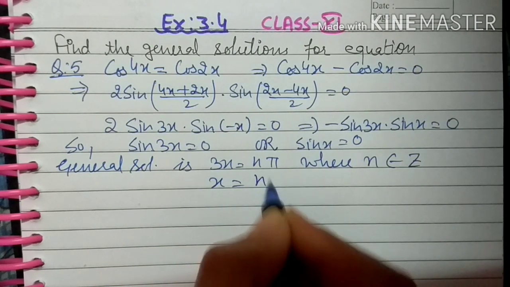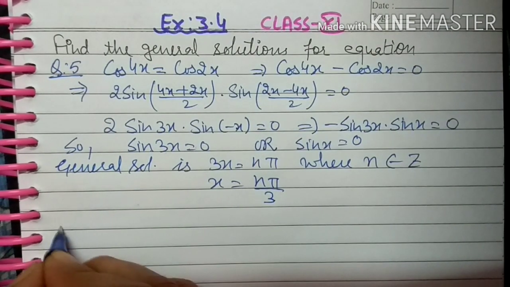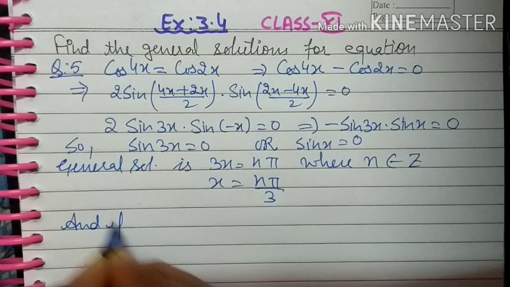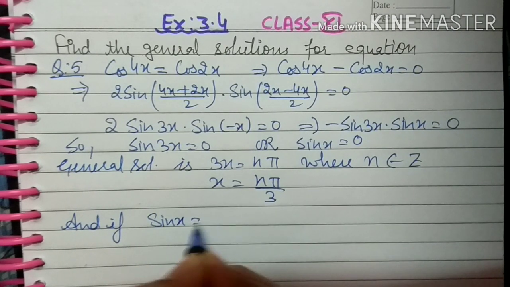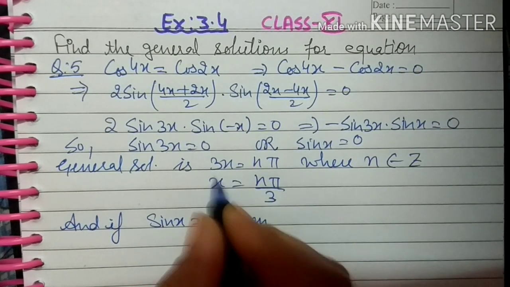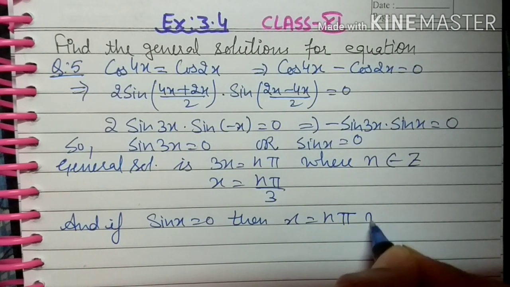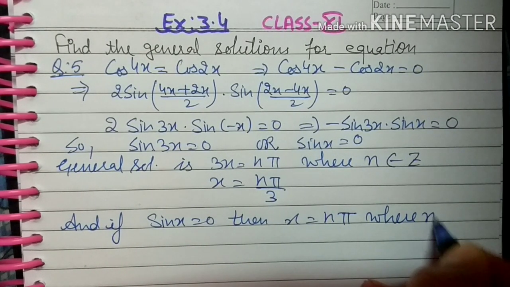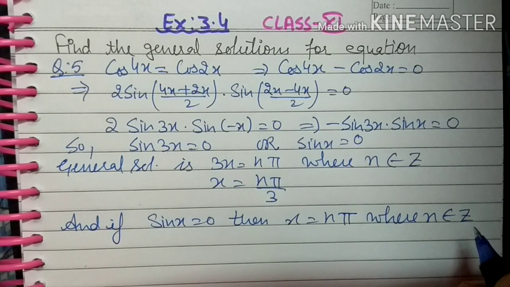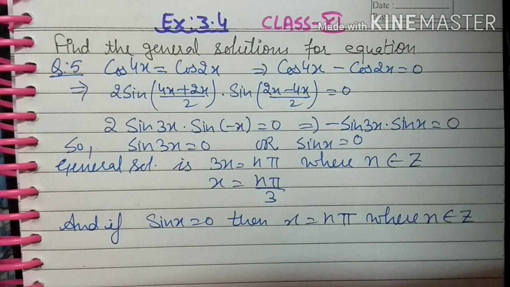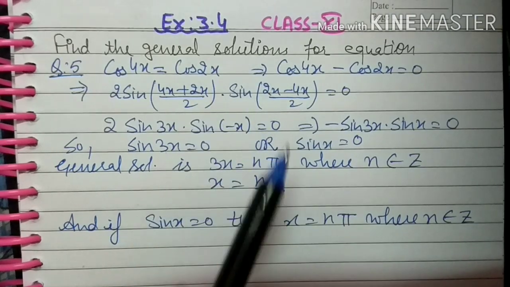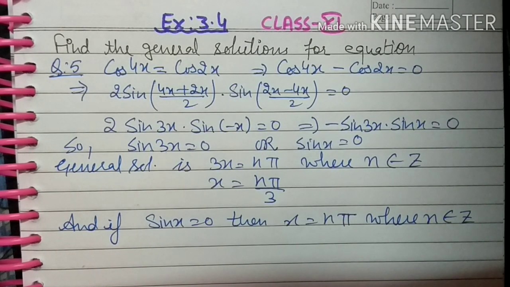So x is equals to n pi by 3. And if sin x is 0, then the same formula we are using here. x is equals to n pi, where n belongs to the set of integers. So question number 5 is done. We have the solution of the given trigonometric equation.